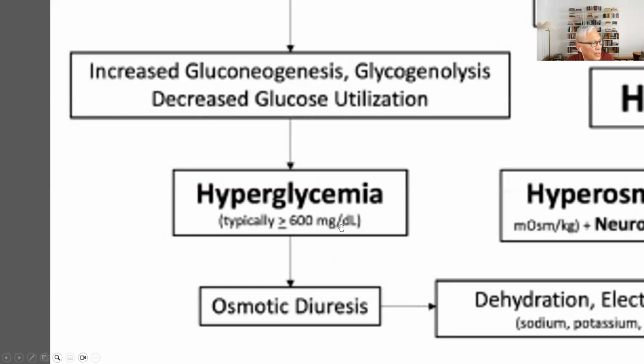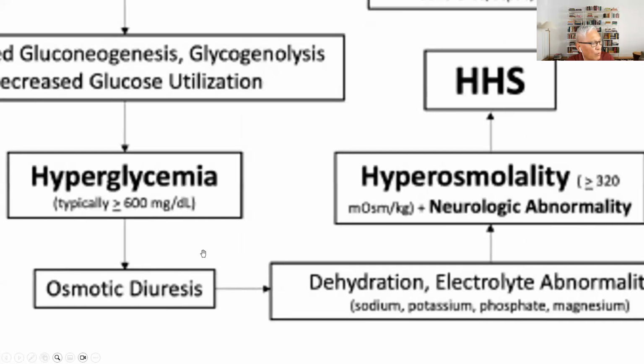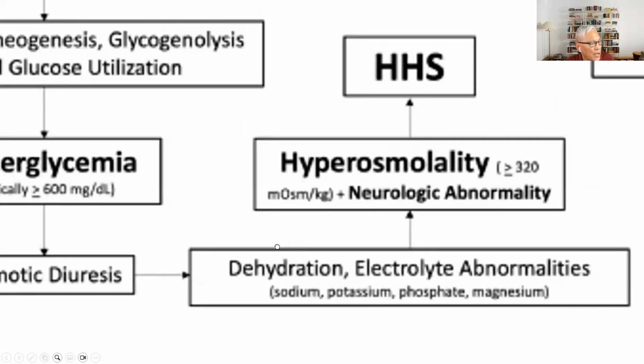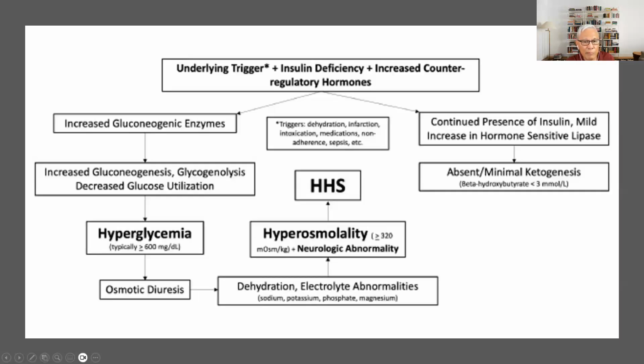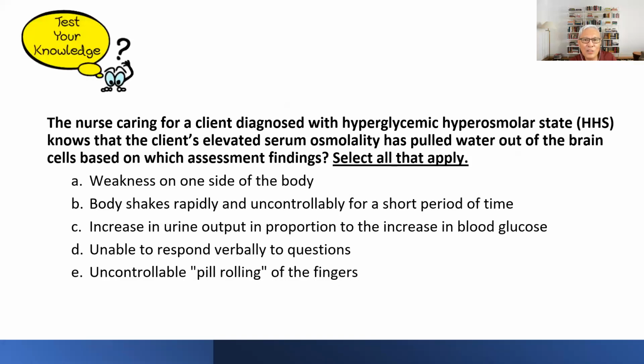They have hyperglycemia that results in diuresis, the same way that we mentioned in diabetic ketoacidosis, which therefore results in dehydration as well as electrolyte abnormalities. So in HHS, there are no ketones produced, but the blood glucose levels are extremely high, usually above 600 milligrams per deciliter. Okay, all right, so let's take a look at this poll.